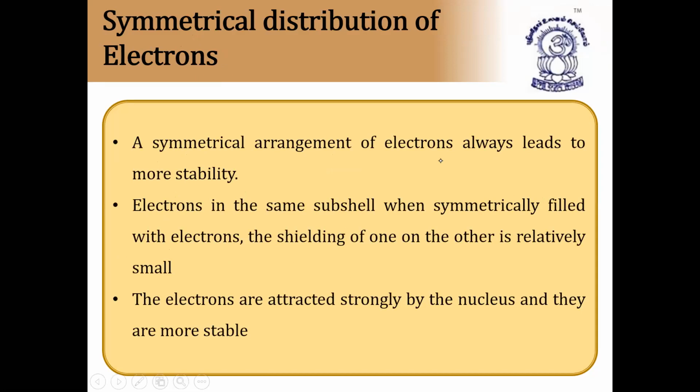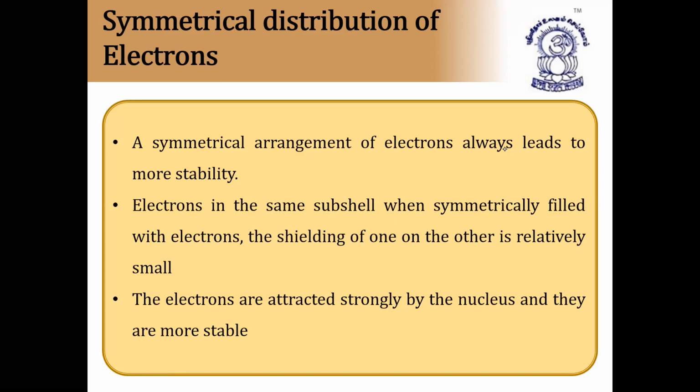A symmetrical arrangement of electrons always leads to more stability. If an arrangement of electrons is symmetrical, then it is more stable because, as they are very symmetrical, they are more attractive to each other, so it's very difficult to remove an electron. That's why it is more stable. Second point: electrons in the same subshell, when symmetrically filled, have relatively small shielding of one on the other.